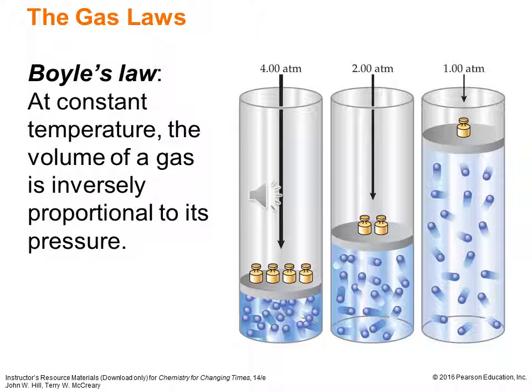As we decrease the pressure to 2 atmospheres in the middle and then finally 1 atmosphere at the end, the volume increases. So if we were to actually solve this, we could have pressure and volume values for each of those 3 conditions, and they'd all be equal to each other if we multiplied the pressure times the volume for each set of conditions.